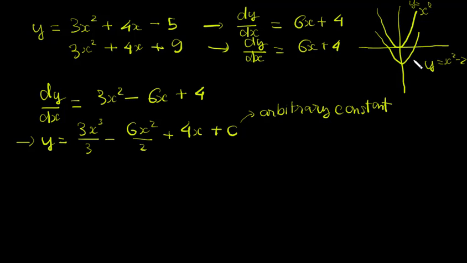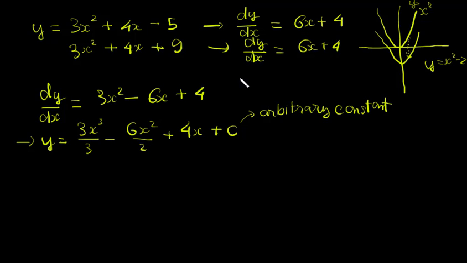They have particular points on them. Like this point here, we have the same value of x but different values of y. So if we have the coordinates of a point on this graph, we will know how to find the constant c. From that, we can find the exact equation of the curve.